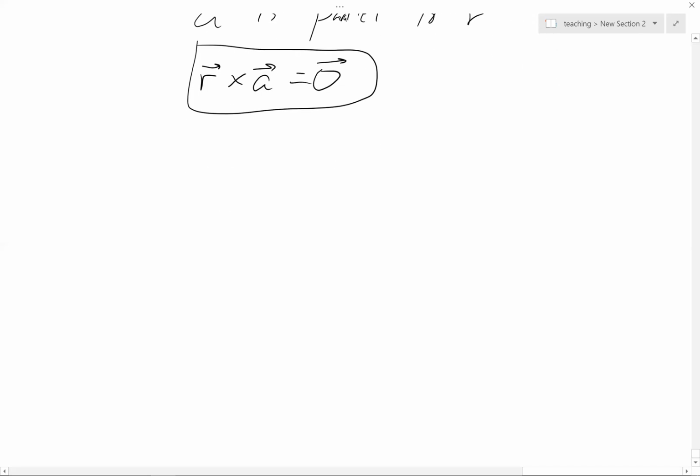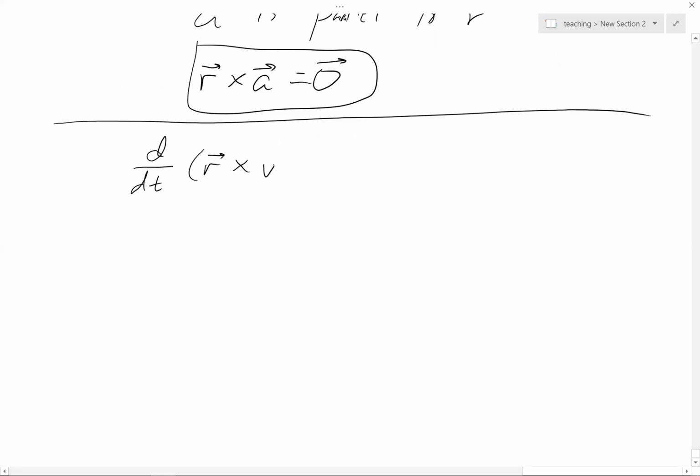Let's go ahead and see what we can get out of that. Kind of inspired by this, I'm tempted to take the derivative of r cross v. Again, the derivative of r I'm calling velocity, and the derivative of velocity is acceleration.